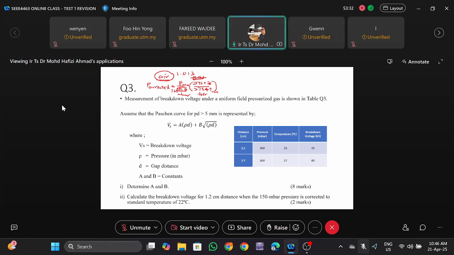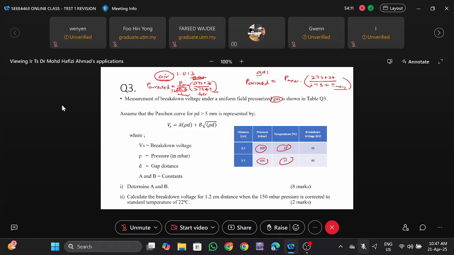But if you read the question and it is actually gas, not air, then P corrected is P measured multiplied by 273 plus 20 degrees over 273 plus the measured temperature. The temperature measured will be given here, and the pressure measured will also be given here.